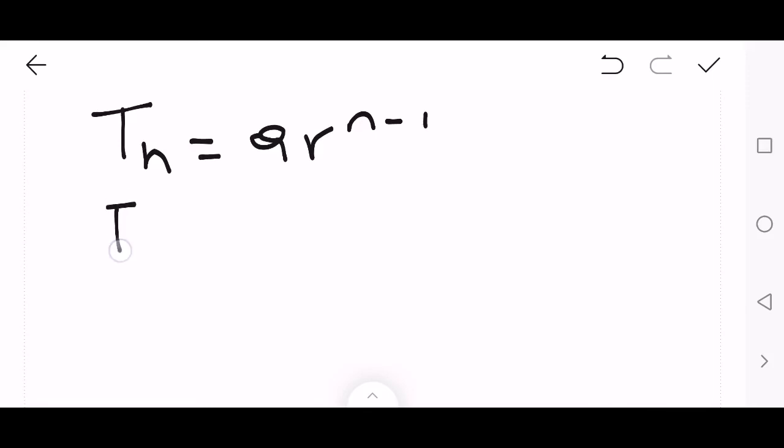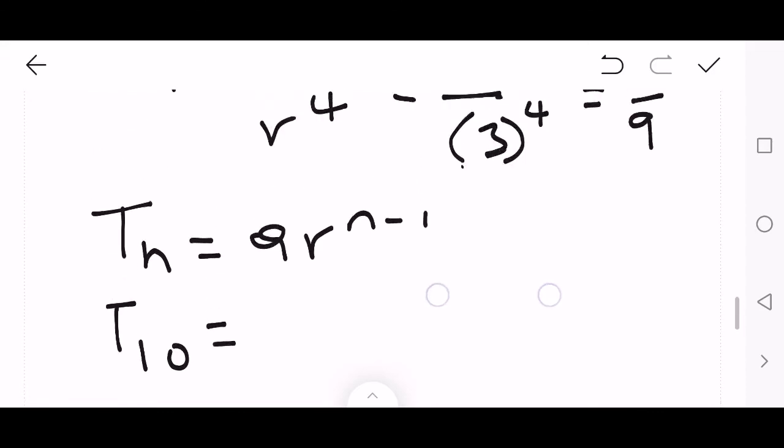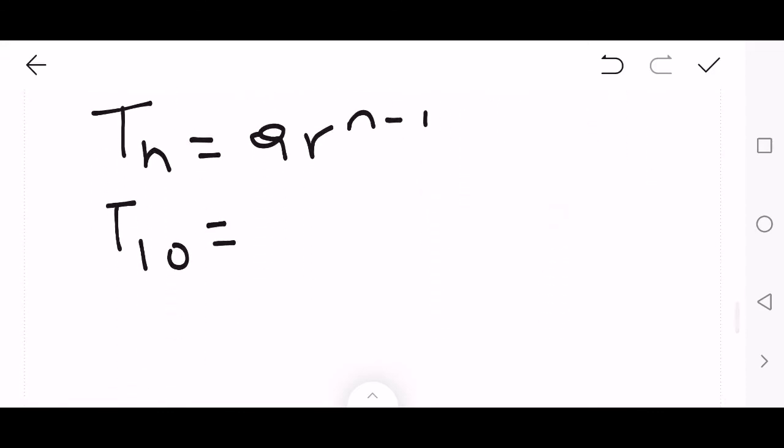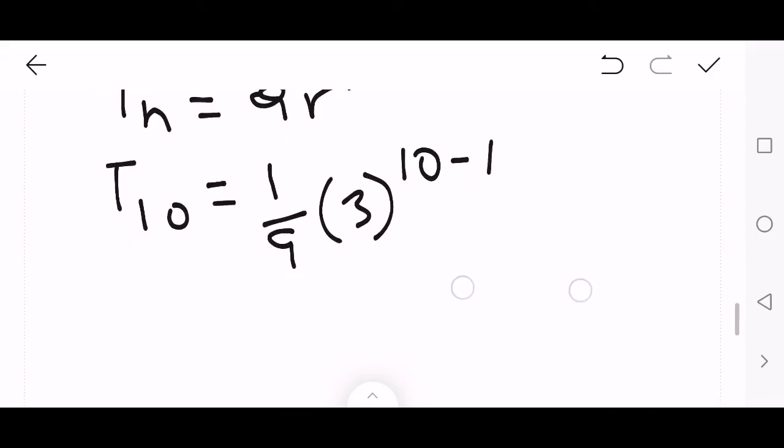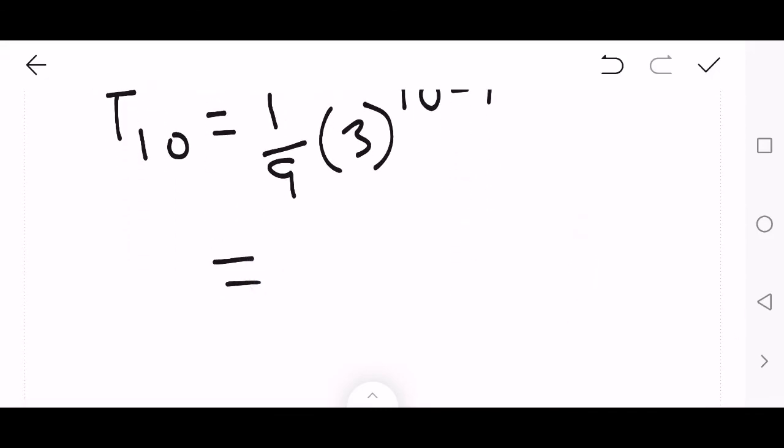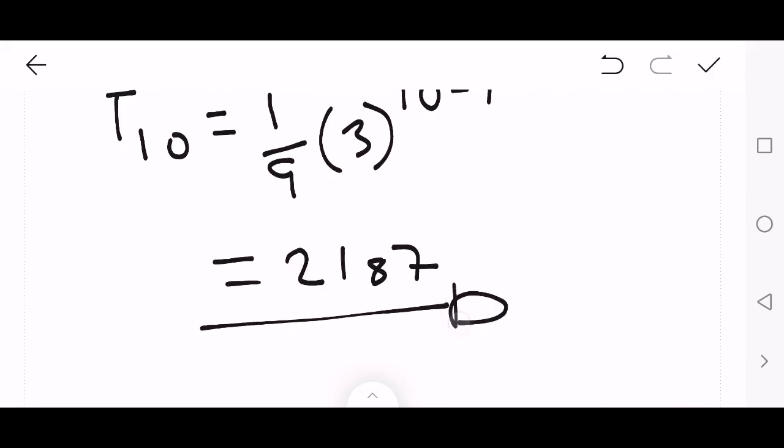So T10 would be equal to, we know the value of a is 1 over 9, multiplied by the value of r, which is 3, to the power 10 minus 1. You can go ahead and plug that into a calculator, and you'll get an answer of 2187. So that's our solution.